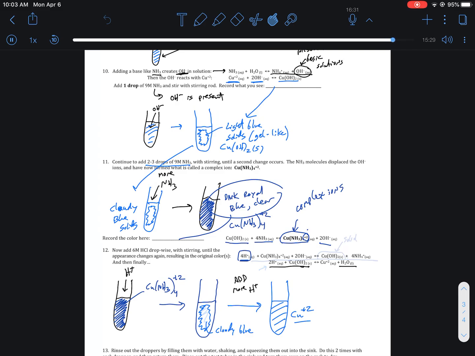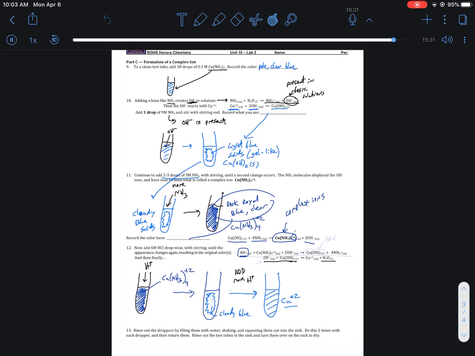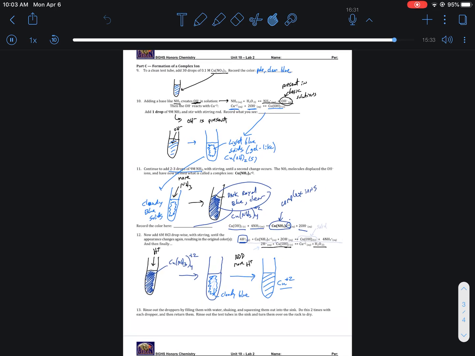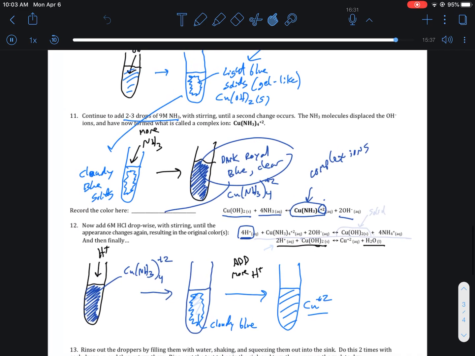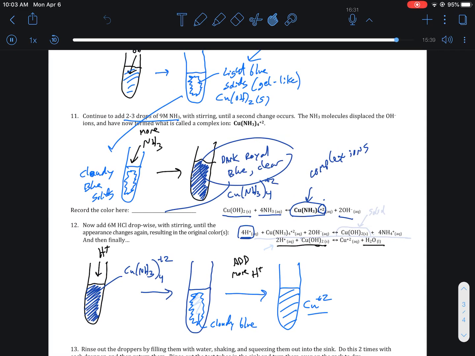And then, to make it all go back to the beginning, we took that copper complex ion, we added acid instead of a base. And the acid removed the ammonias. So in this reaction right here, you can see the acid reacts with the complex ion, and the hydroxides, which were there before, now are able to latch on to form the solids.